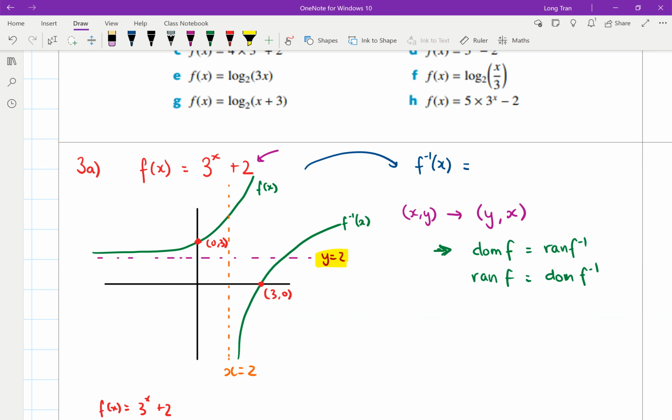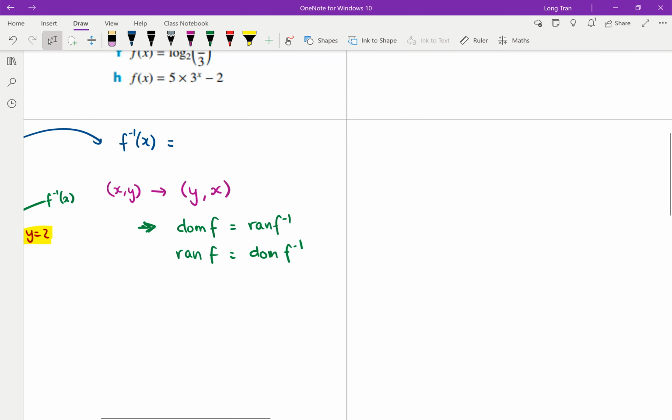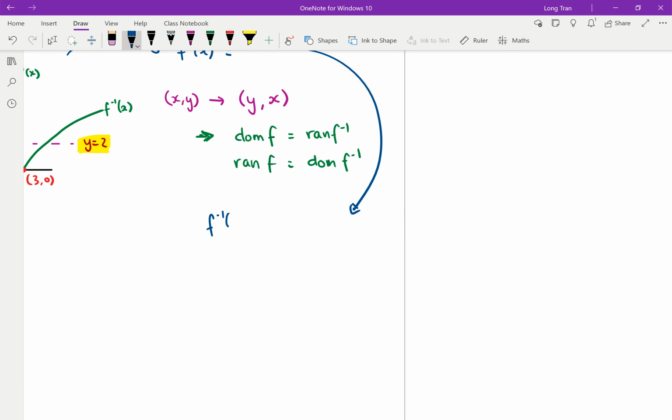The other method obviously is to do the full-blown algebra, where you try to find the inverse by letting x and y swap. So your equation, which started off as f of x equals 3 to the power of x plus 2, will become x equals 3 to the power of y plus 2.